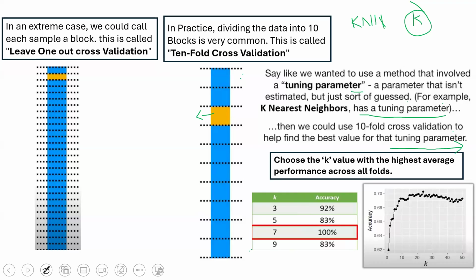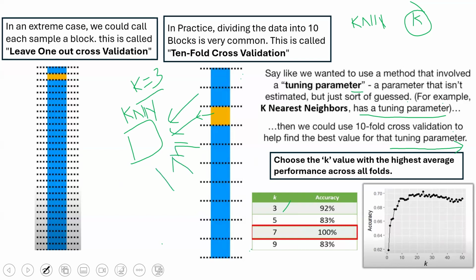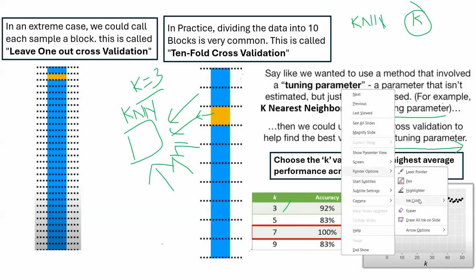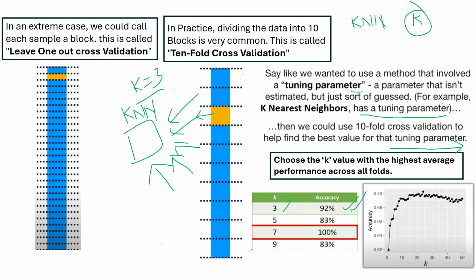Now let's suppose we have chosen K equal to 3. We train the KNN model with K equal to 3 on all possible combinations of this data set, training and testing using 10 different splits, and we got an accuracy of 92%. When we do the same thing with K equal to 5, we got 83%.